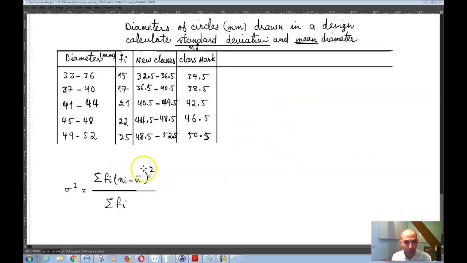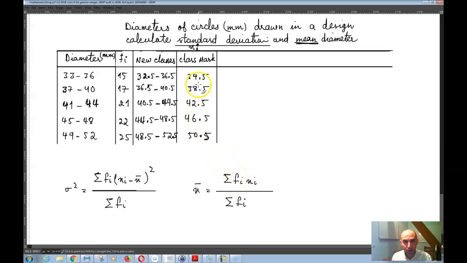The usual method is x bar equal to sigma f of i x of i over sigma f of i. Now f of i is over here, x of i is over here, so you would have to multiply all of these numbers together, which would take forever. I'm not going to do that.